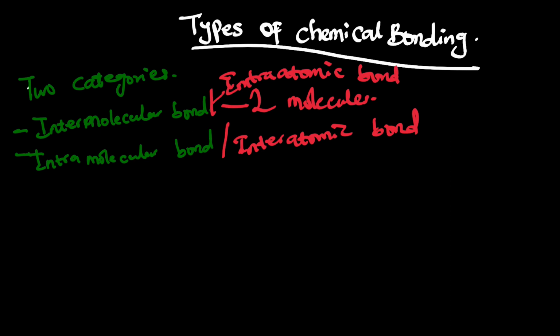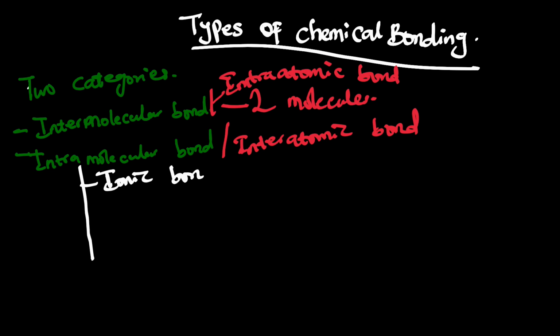Now let's proceed. For this video I will talk on intramolecular bond alone, right? And just pick out two out of it. So what are the types of these intramolecular bonds? They can also be subdivided. And what are they? That's between atoms. Try. What kind of bond can we find between atoms? First is what?